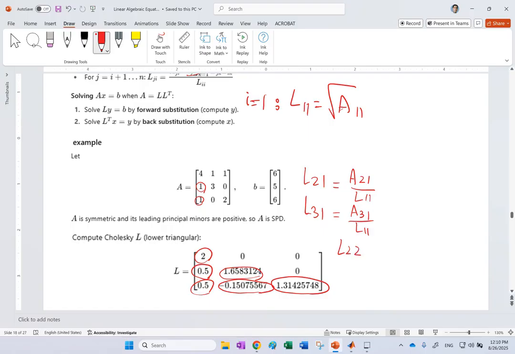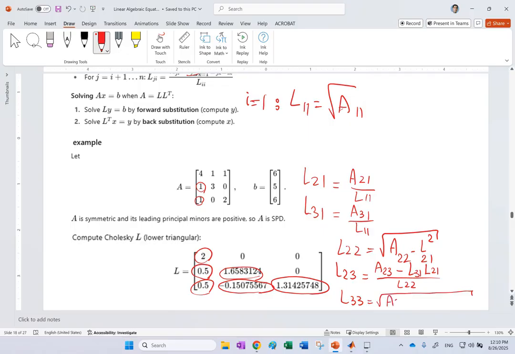So L22 is going to be the square root of A22 minus L21 squared. Then L32 is going to be A32 minus L31 times L21, divided by L22, and finally L33 is going to be the square root of A33 minus L31 squared and then minus L32 squared.